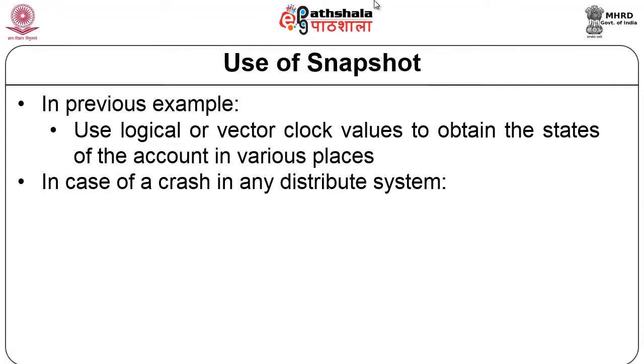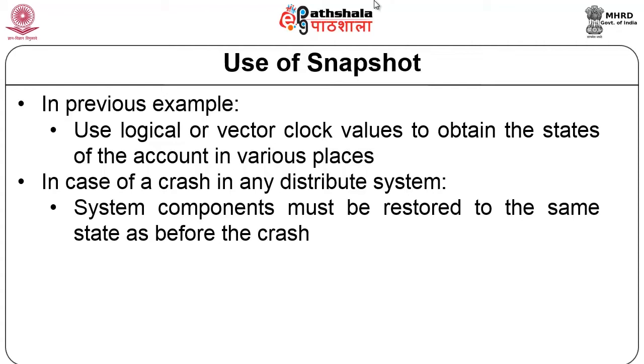There are various other examples where snapshot is used, like when there is a crash in a distributed system. We need to recover from the crash, and to be able to recover, we need to put the system back at some earlier point in time where all the systems were perfect and in coordination.